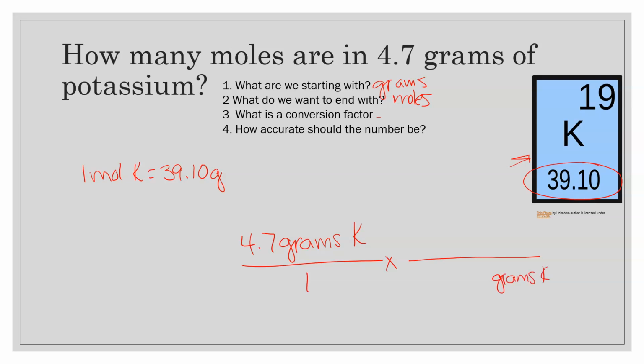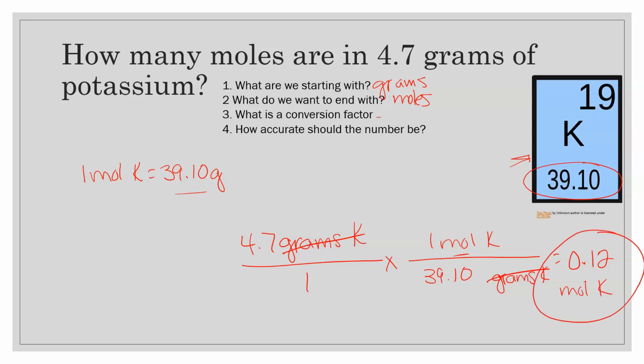And we know that there are 39.10 grams of potassium in 1 mole of potassium. Grams cancel out. You divide 4.7 by 39.10, and we end up with 0.12, and the only units left are moles of potassium.